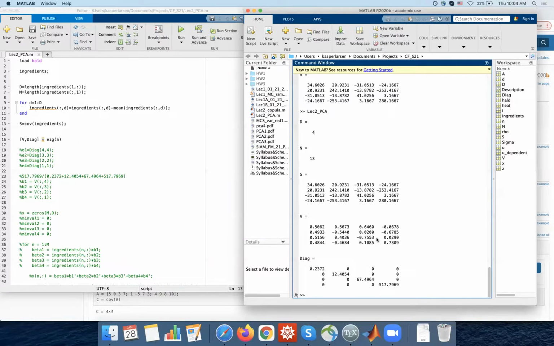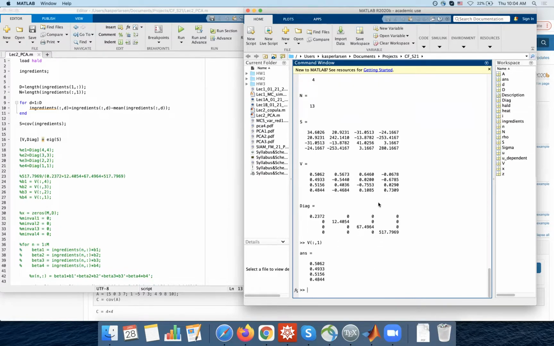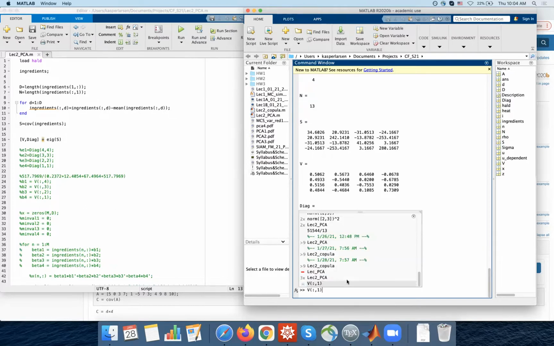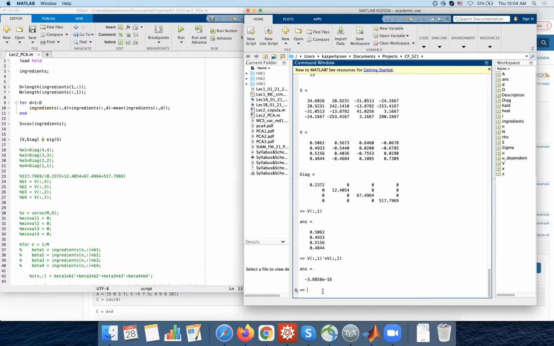You can see that if I call, say, V of the first one, and then multiply it, if I compute the inner product with, say, the second one, I should get 0.